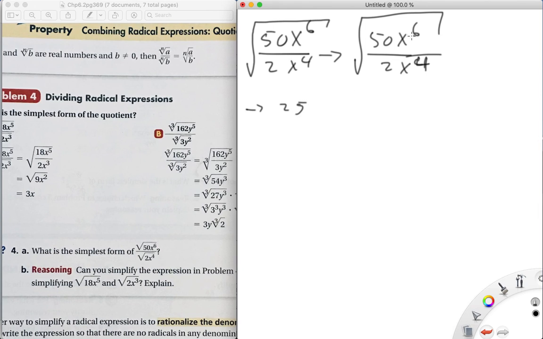And then x to the 6 divided by x to the 4 is x squared, square root. 25 square rooted is 5. And then the square root of x squared is x. 5x.